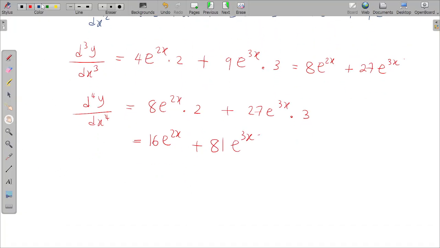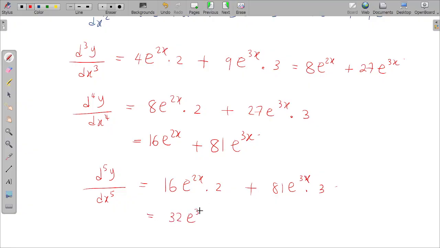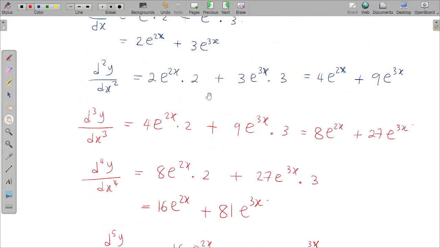And then the last one there, d⁵y over dx⁵, again gives us this multiplied by 2 plus 81 multiplied by 3. Okay, this gives us 32e^(2x) plus 243e^(3x). Okay, that is it. We are done with our derivative.